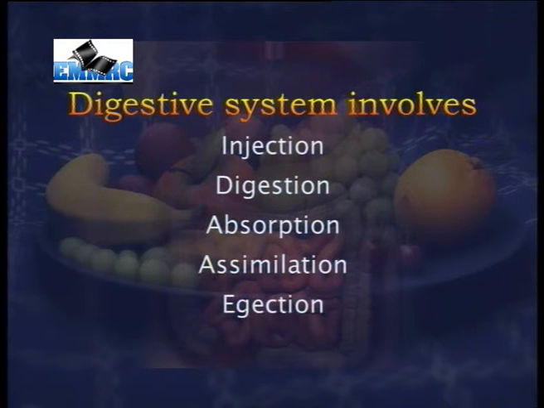Today we have talked about the comparative anatomy of the digestive system. First, we have the deuterostomous type of digestive system, which means the anus is formed first and the mouth is formed later. The other quality is that it has different organs used for ingestion, digestion, absorption, assimilation and egestion.